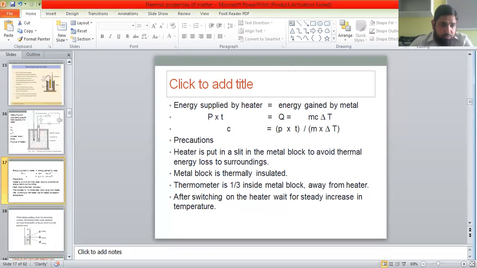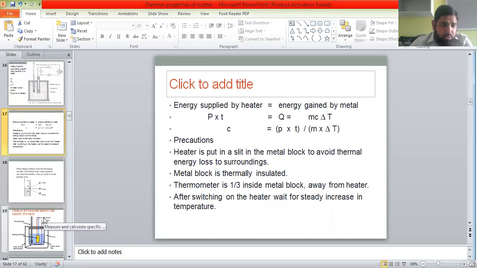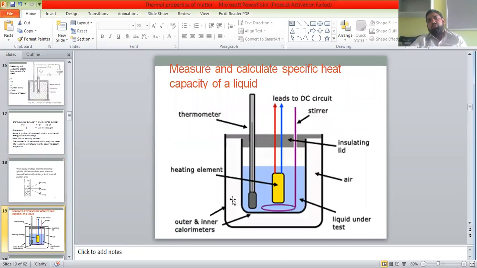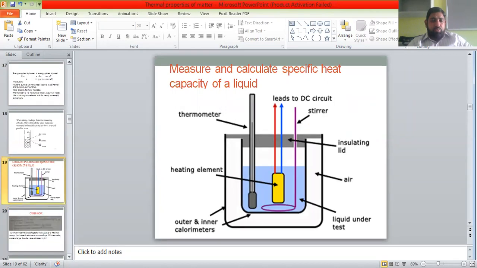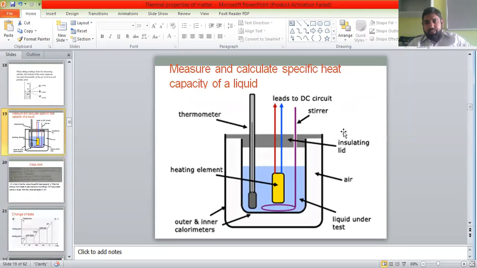Okay. We can perform the same experiment for a liquid also. For example, you have to measure and calculate the specific heat capacity of a liquid. So here you will have an insulating cup, and you will have the same heater and thermometer, and you should have a stirrer too, so that you keep stirring it and the temperature of the liquid remains uniform throughout. The collected data will be the same.